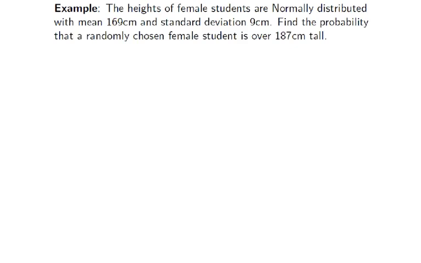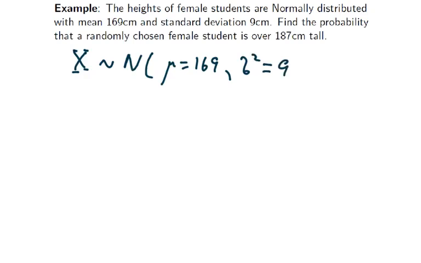So what is given? We have random variable X representing height of a female student, and it has normal distribution. The mean value is 169, and the variance is the standard deviation squared, 9 squared.